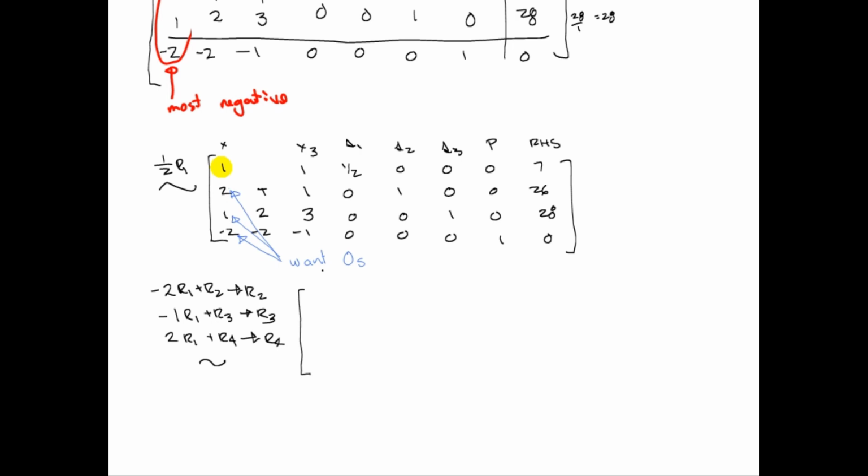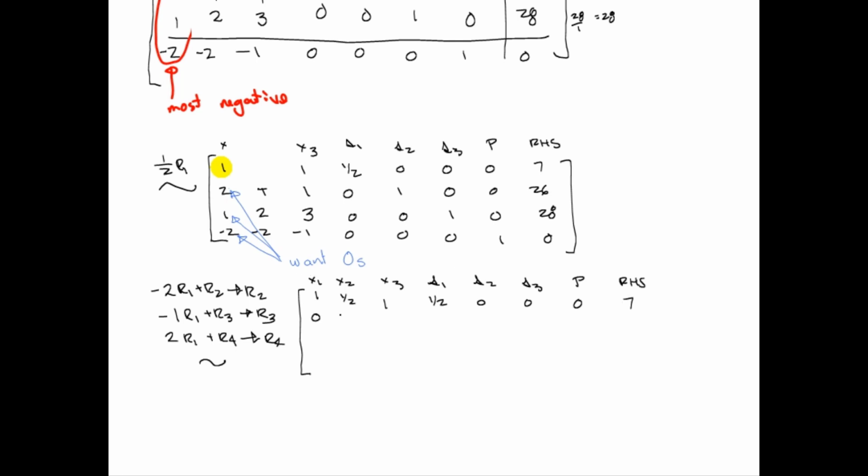Here is what we get. So my first row I have 1, 1/2, 1, 1/2, 0, 0, 0, and 7.